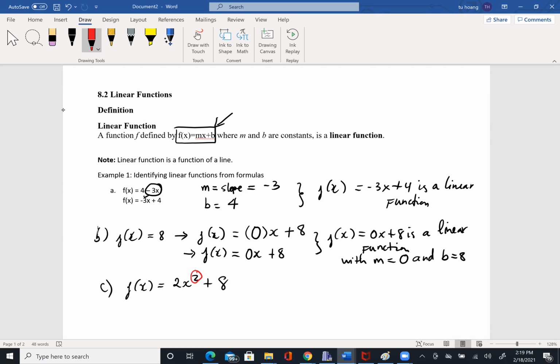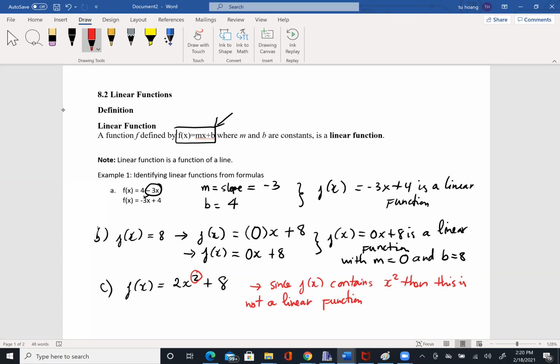Since f(x) contains x squared, then it is not a linear function. This becomes a parabola already, right?